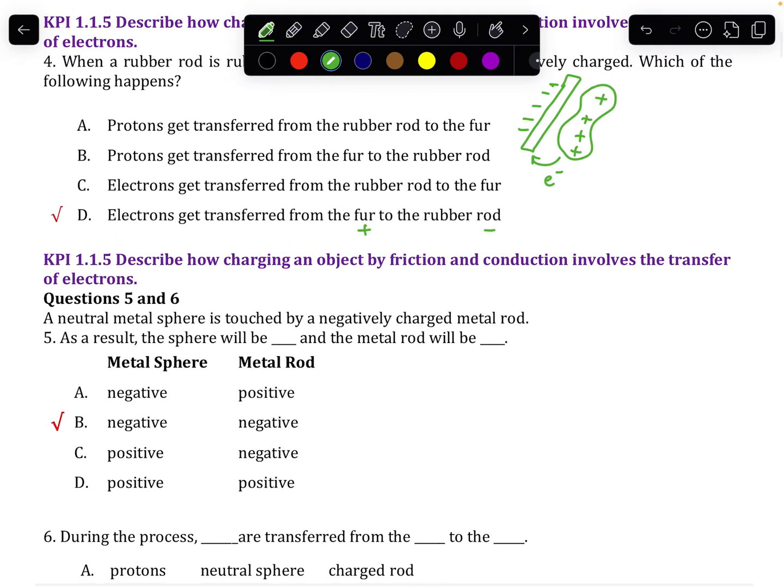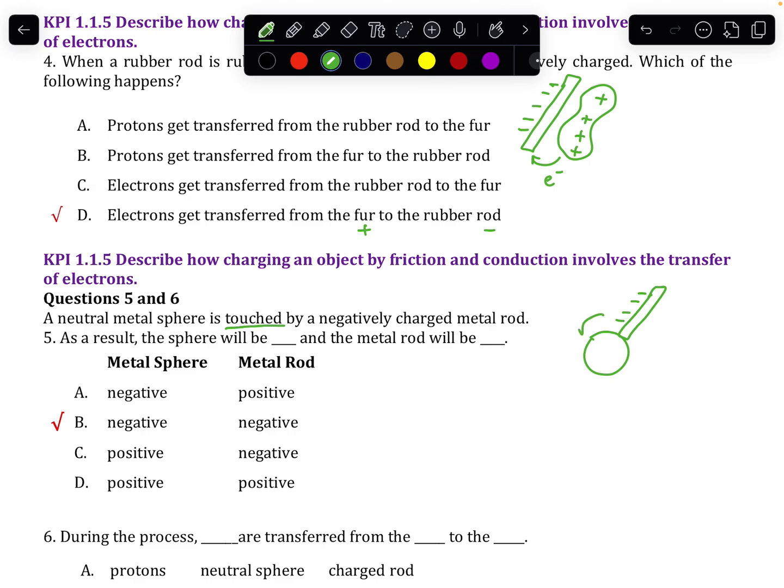A neutral metal sphere is touched by a negatively charged rod. As a result, both will have the same sign.